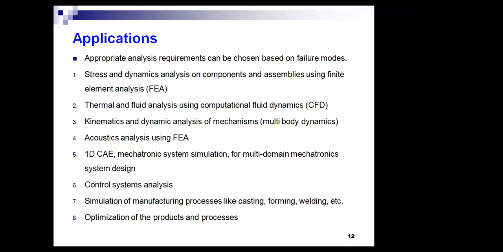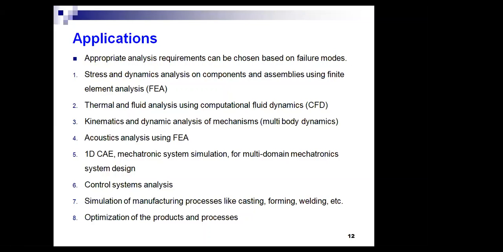Basically, optimization is not actually based on the finite element method or any numerical method. It is a kind of soft computing method, which is integrated with other numerical approaches like FEA and CFD. These numerical simulations help predict the performance of a product, and this is integrated with methods like the design of experiments approach or other optimization processes like genetic algorithms.